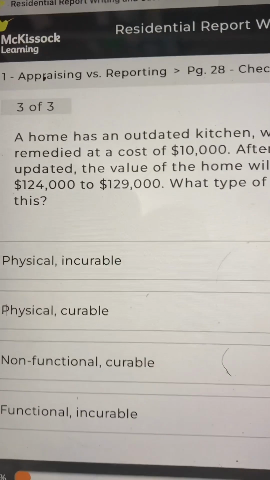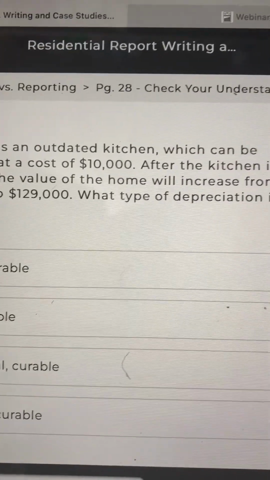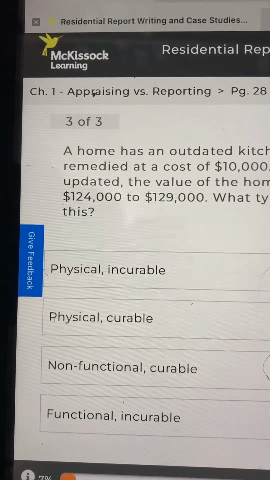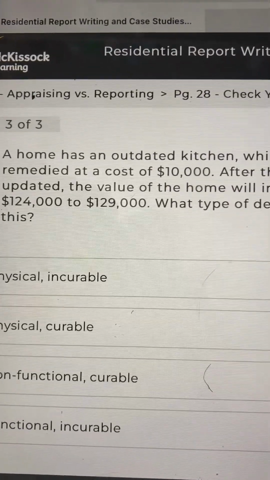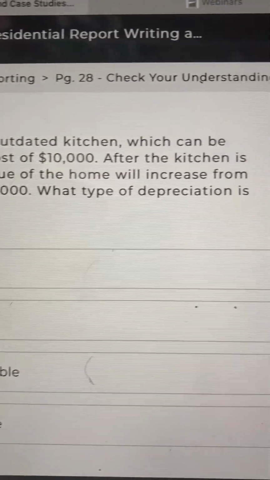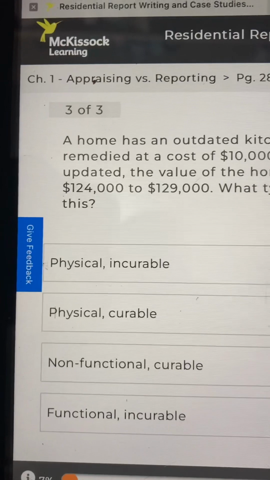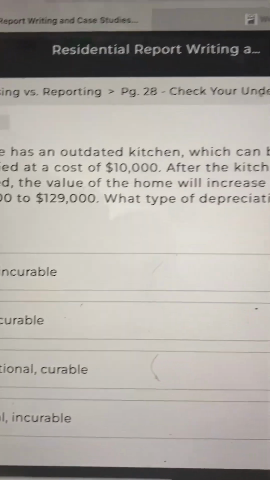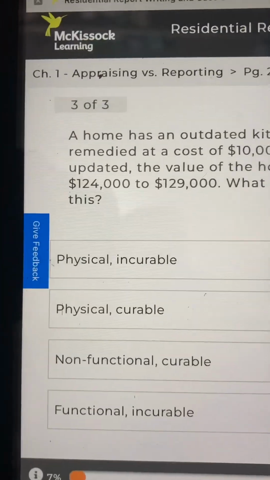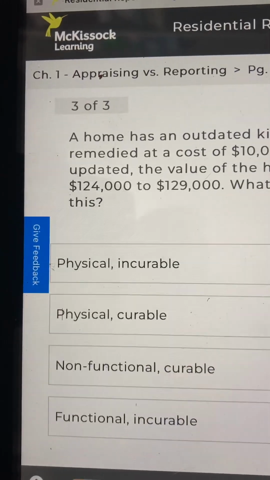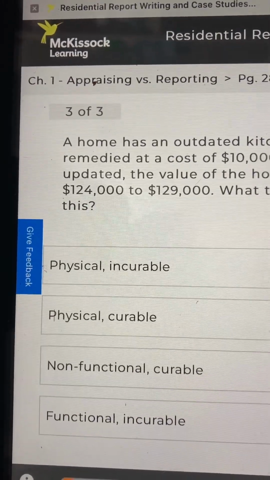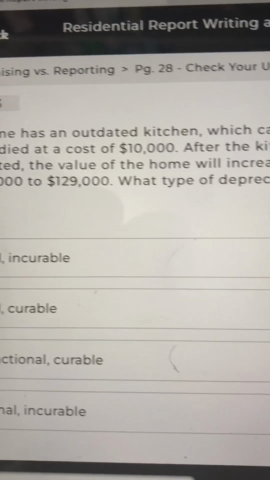A home has an outdated kitchen, which can be remedied at a cost of $10,000. After the kitchen is updated, the value of the home will increase from $124,000 to $129,000.